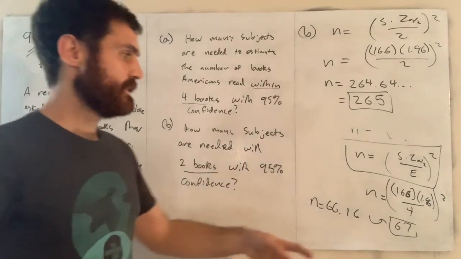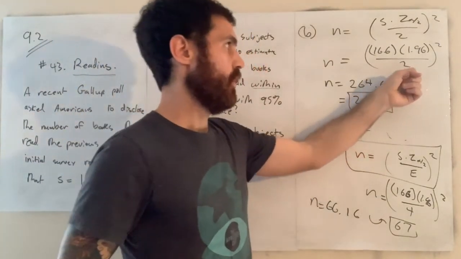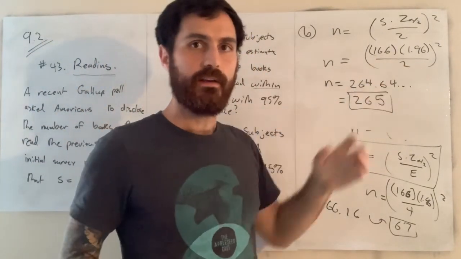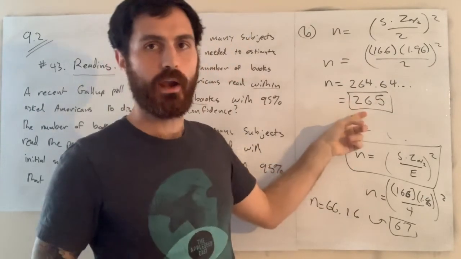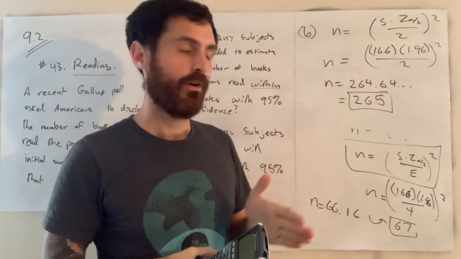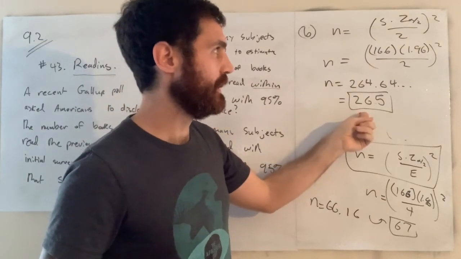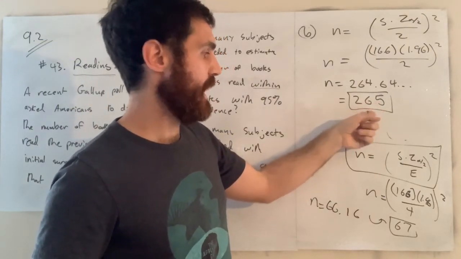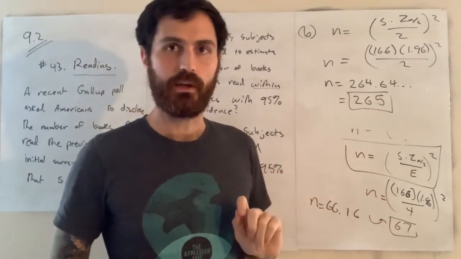And what you notice is when we want to cut our error down, this thing is going up. And in fact, when we cut our error in half, what actually ended up happening is this ended up quadrupling.